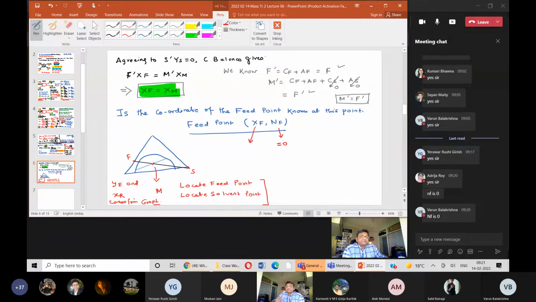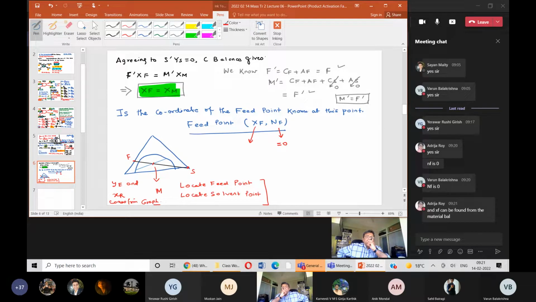What about XF? What about XF, capital XF? Udrija, Varun, those of you who are writing NF is equal to 0, you are very close to the understanding. Rishi, Samira, saying XF can be found from the material balance is not exactly the correct answer. Udrija, it's even simpler. XF is known.